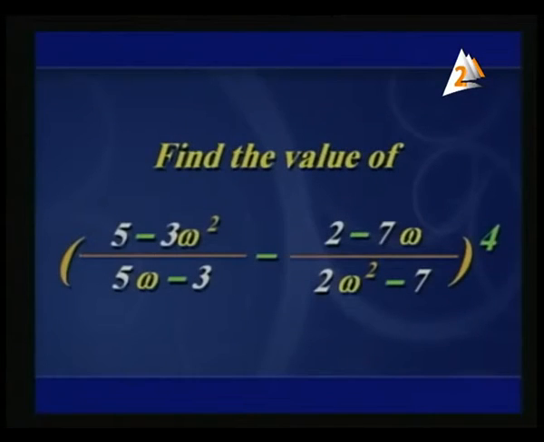Find the value of ((5 − 3ω²)/(5ω − 3) − (2 − 7ω)/(2ω² − 7))⁴.